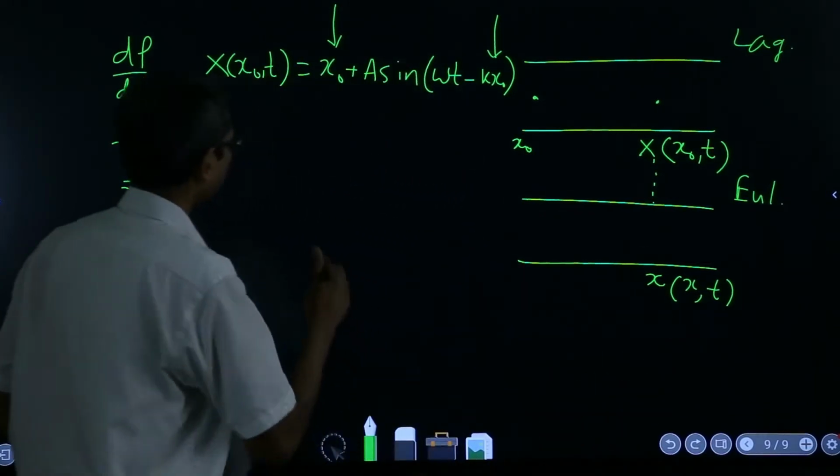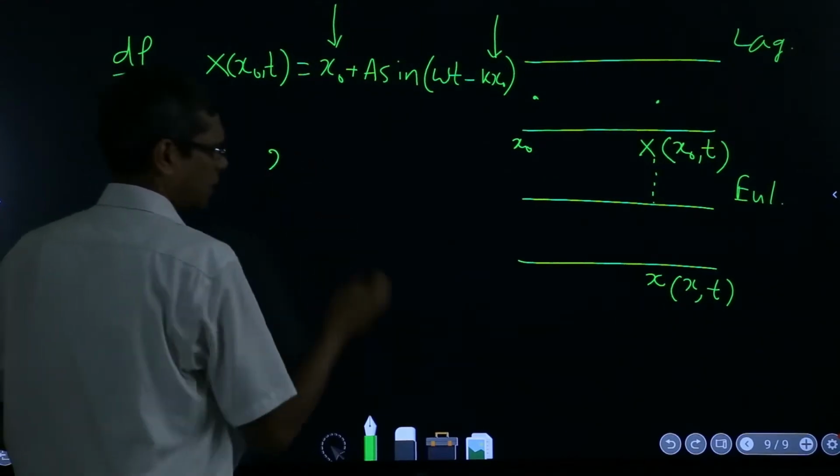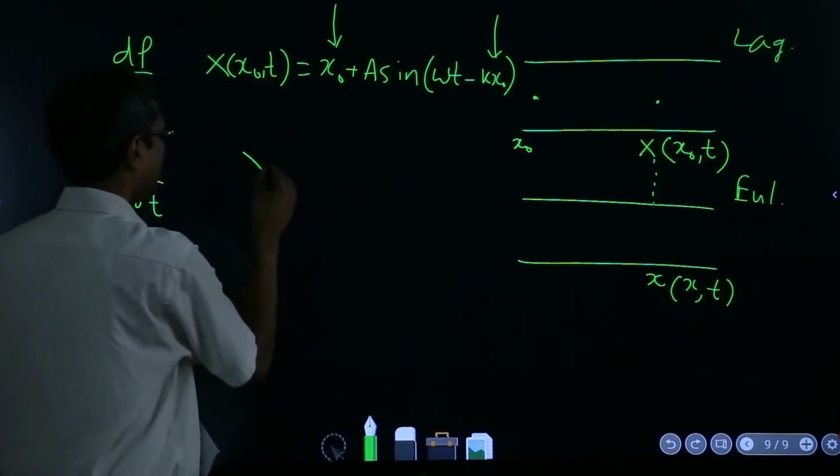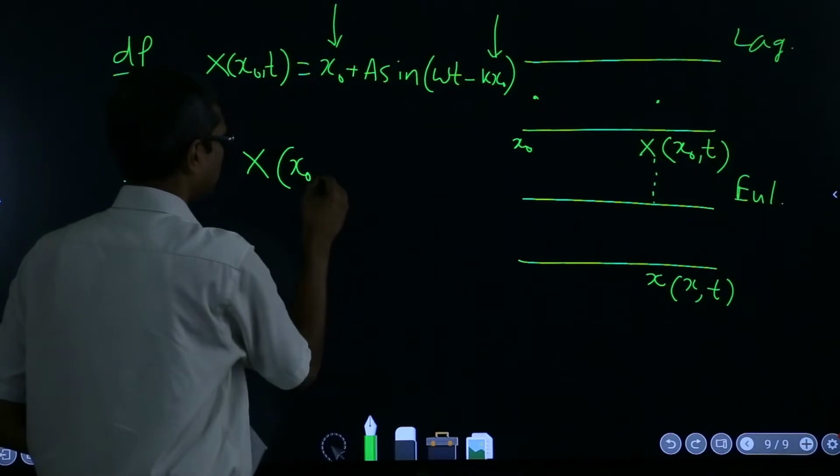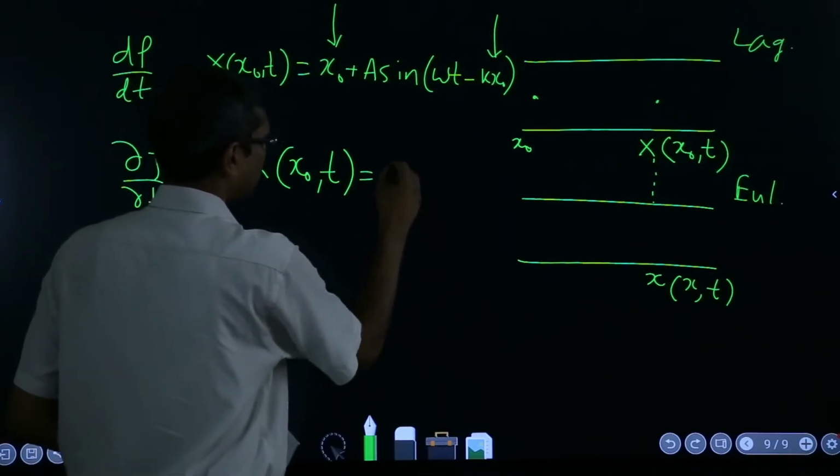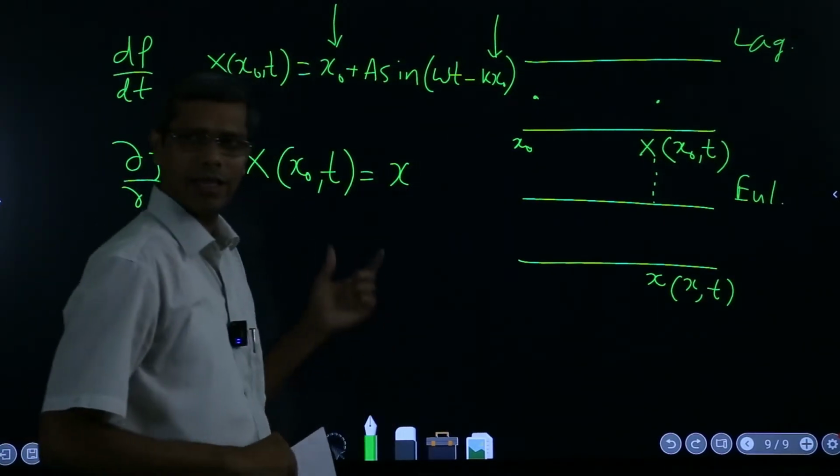For example, suppose X of x naught, t is equal to x.